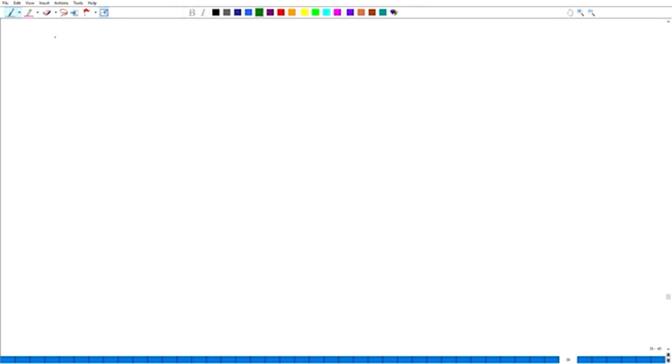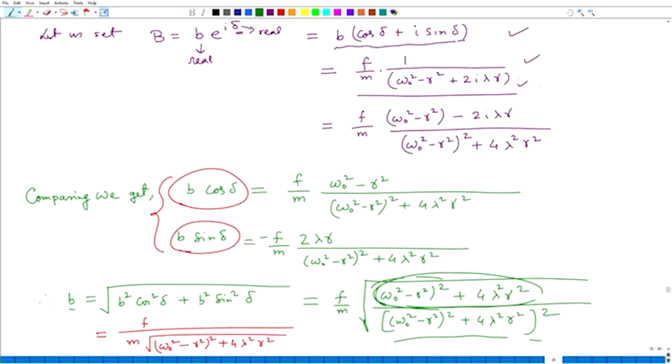Tan delta will be equal to B sin delta by B cos delta, which will be equal to 2 lambda gamma by gamma square minus omega 0 square. So you now know what delta is and what B is.